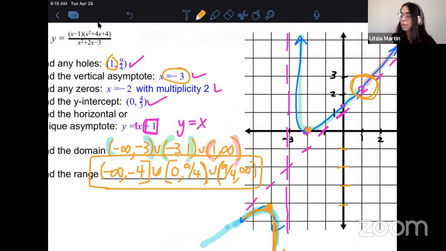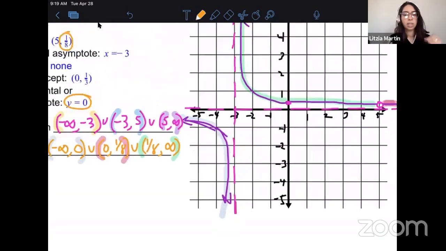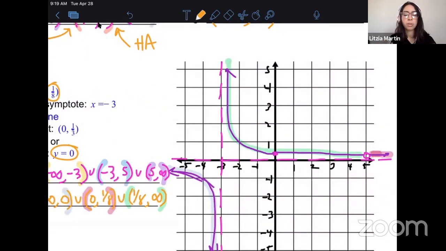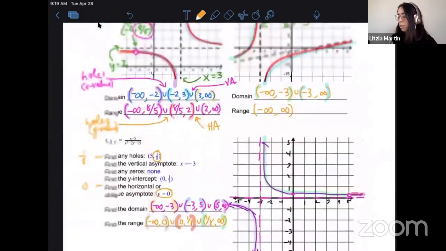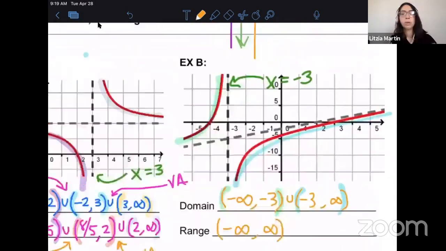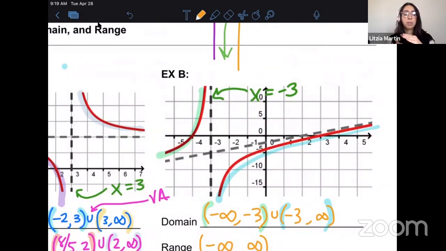So it might be something a little more along these lines with the horizontal asymptote, or possibly with a slant asymptote, but a slant asymptote that is still going to be from negative infinity to positive infinity for your range.